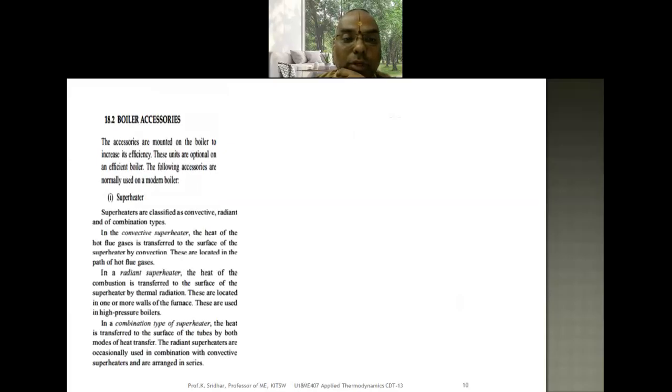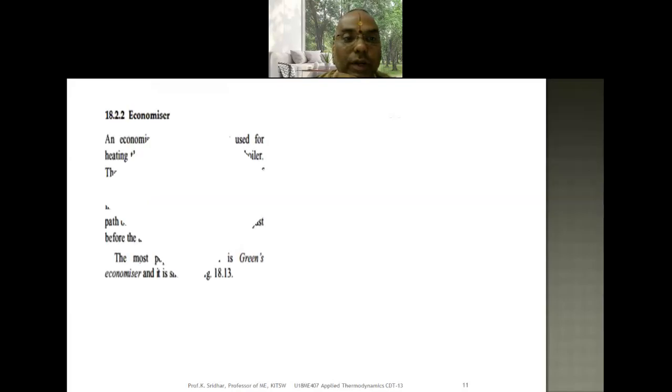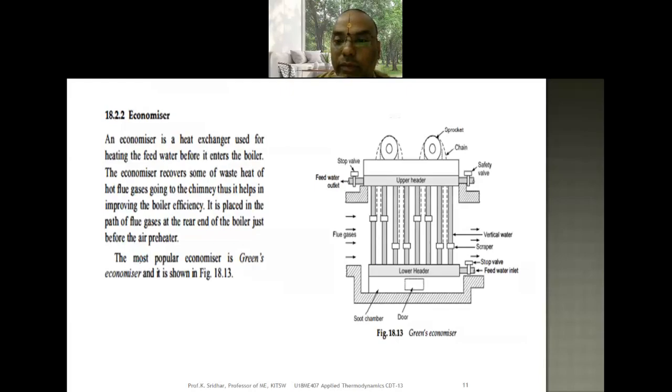Boiler accessories: superheater tubes, and it is the economizer. Just now I told you the example of the green economizer. It's the green economizer. I told you that there is a scraper. The scraper will be there because if there are any unwanted things mounted on these tubes, these scrapers are reciprocating like this, so they will remove any unwanted things attached to the tubes.